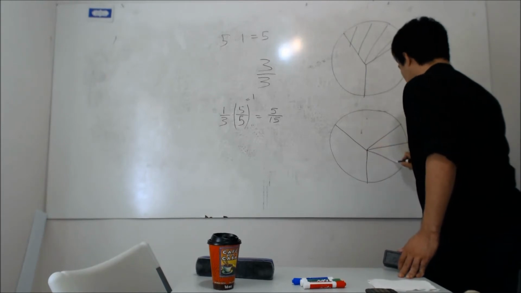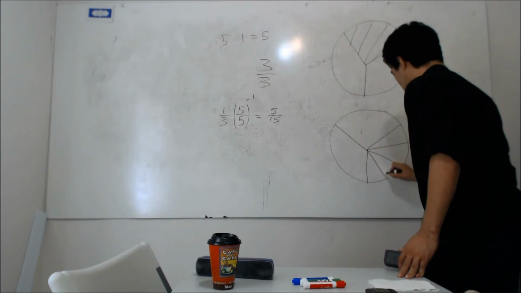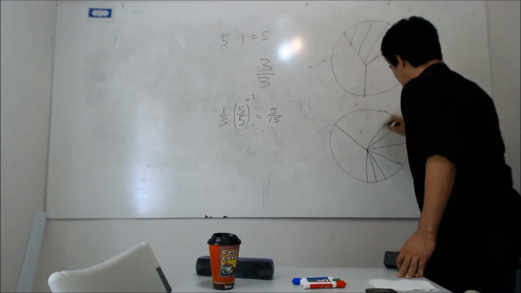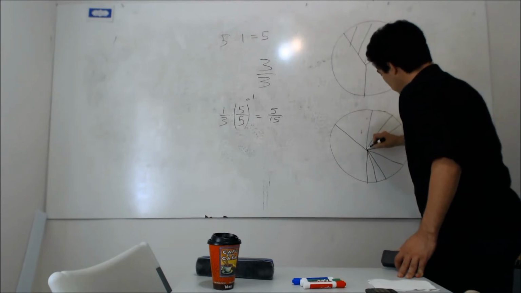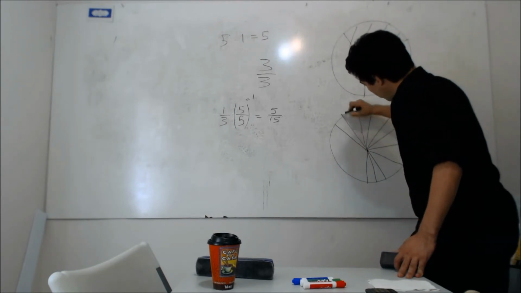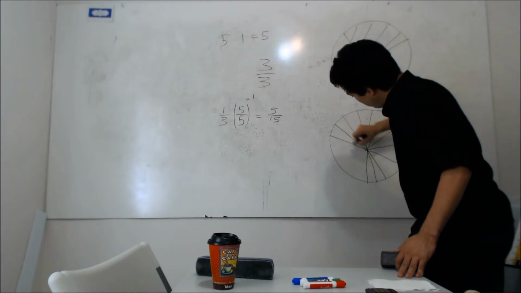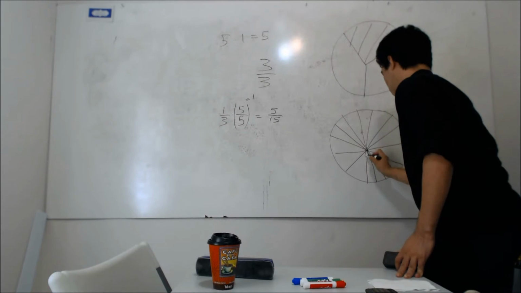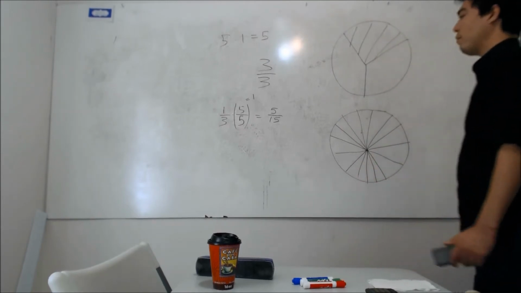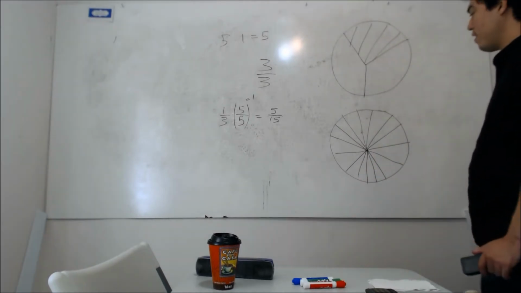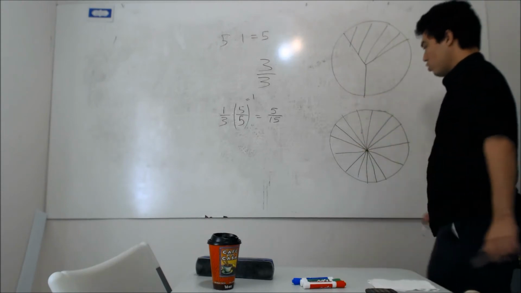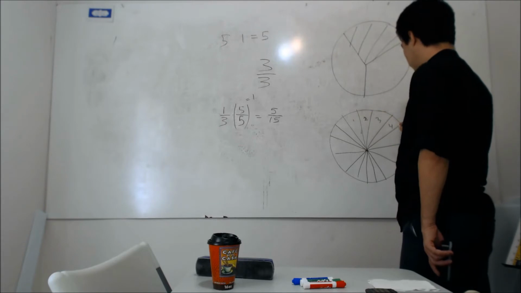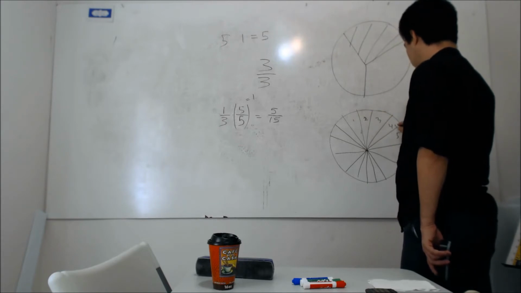1, 2, 3, 4, 5. 1, 2, 3, 4, 5. 1, 2, 3, 4, 5. So this is 15 pieces, and I'm going to highlight 5 of them because it's 5 chosen over 15.